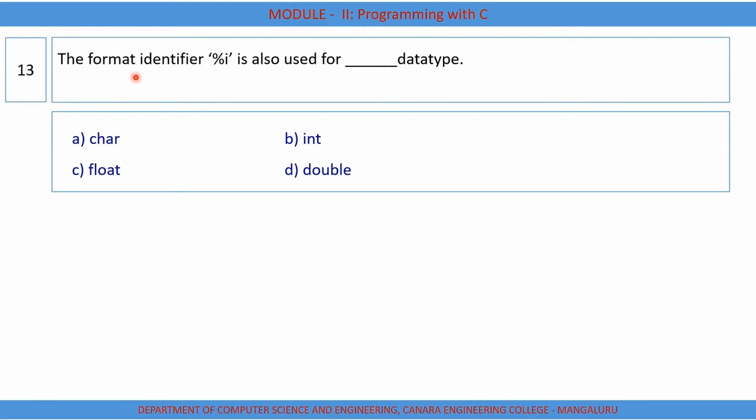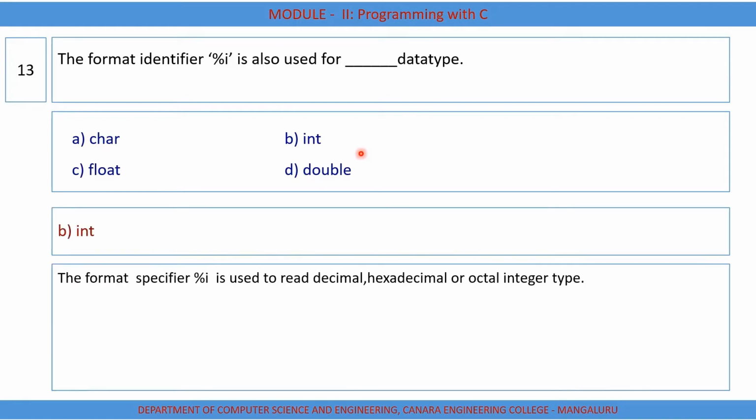The format identifier %i is used to represent which data type? Option A char, option B int, option C float, option D double. The correct answer is int. Char is used to represent character data, and the format specifier or format identifier is %c. Float is used to represent fractions and the format identifier is %f.